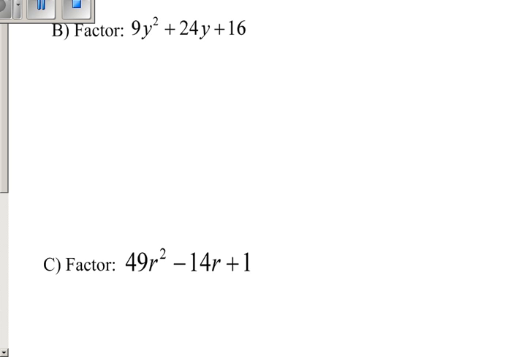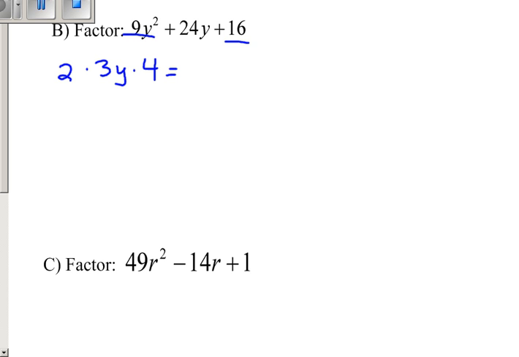So, factor 9y squared plus 24y plus 16. Again, I want to start this by asking the question, is 9y squared a perfect square? Yes. What? 3y squared. Is 16 a perfect square? Yes, what? 4 squared. Again, to follow the pattern, is 2 times 3y times 4 24y?